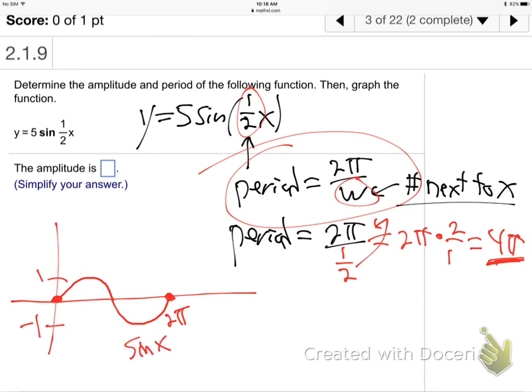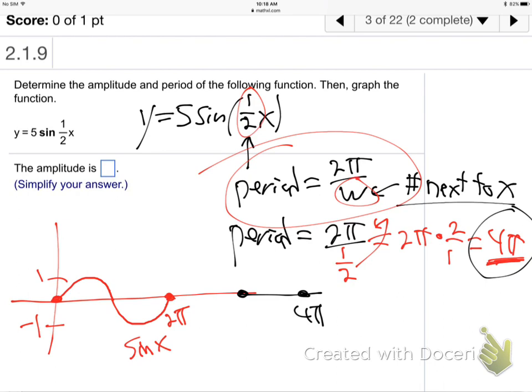Now, what is this one going to do that's so different? Well, his period is 4 pi. Meaning he doesn't finish his cycle by 2 pi. It takes him all the way to 4 pi. So he's going to go twice as far, to 4 pi, to do one cycle. What is one cycle for the sine function?